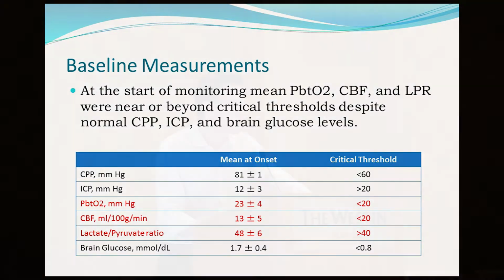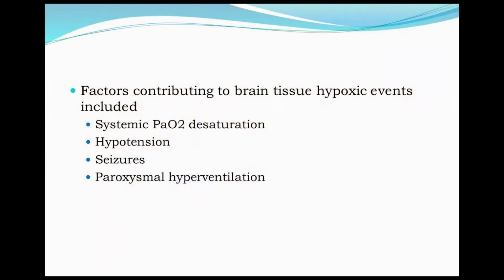But what we established was that over 72 hours, there's a prolonged window where the brain is vulnerable to secondary injury. These injuries are PaO2 desats, episodes of hypotension, seizures, and paroxysmal hyperventilation. Anyone who's taking care of cardiac arrest knows this is exactly what's happening over the hours that they're in your unit when they come upstairs from the ED.